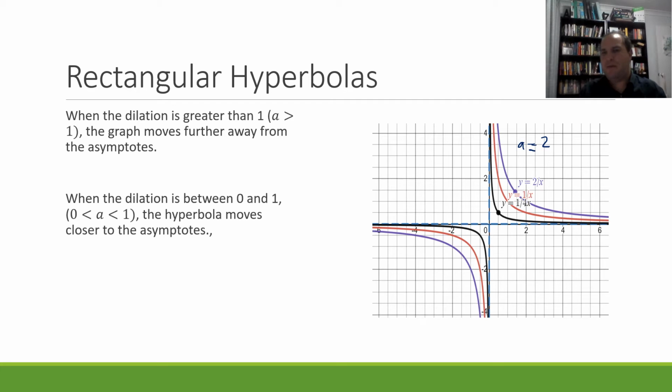It's been stretched away from those asymptote lines. Now, if the dilation is between 0 and 1, like this black line, that one's got a dilation of 1/4. It's been compressed into the center of these asymptotes. It's getting closer and closer to those asymptotes by making that dilation smaller between 0 and 1.